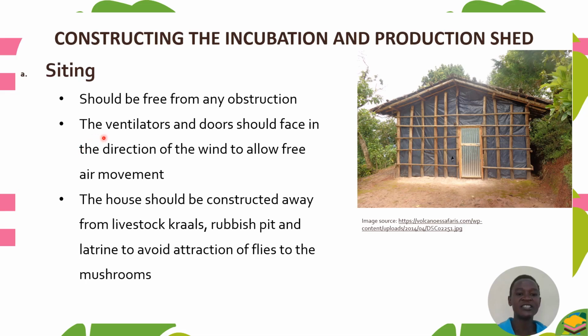And when we are constructing, the ventilators and doors should always face in the direction of the wind so as to allow free air movement. Remember, the house should be constructed away from livestock pens, rubbish pits, and latrines to avoid attraction of flies to the mushrooms.